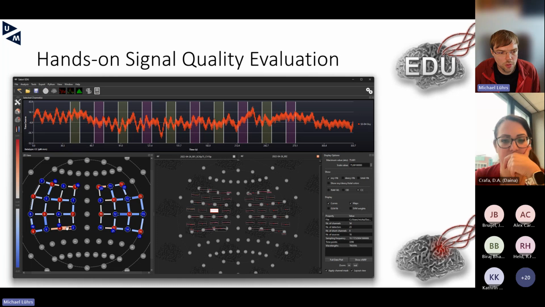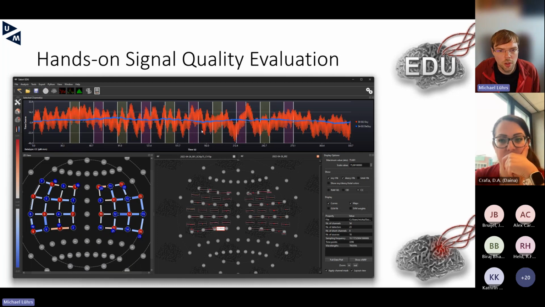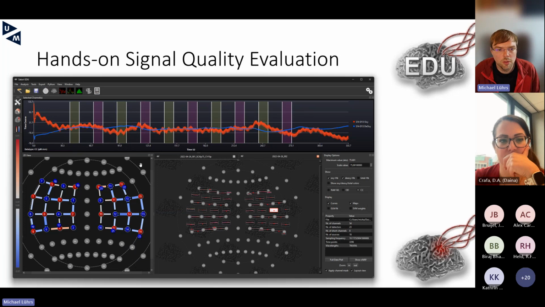You can see that for some channels, even though the signal looks pretty nice, they are not as highly anticorrelated as they should be. But this is really the raw signal without having done any pre-processing. So this is also a nice indication measure. If you have an anticorrelated map, that's a pretty good starting point.